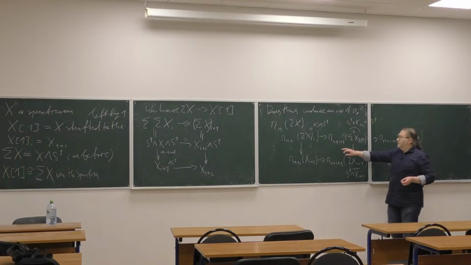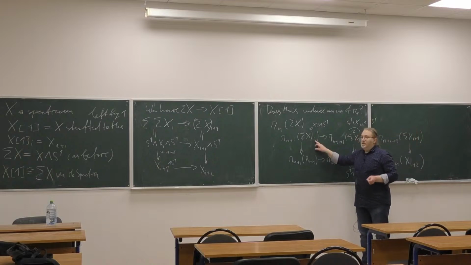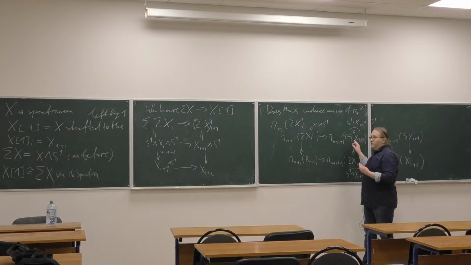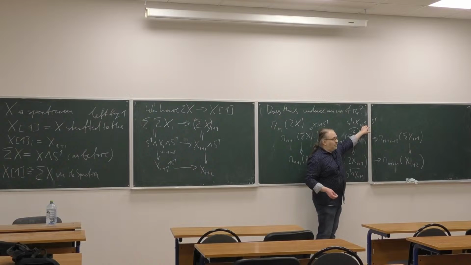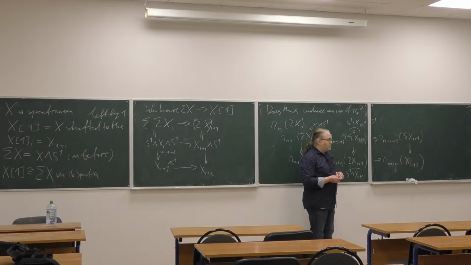We take this, and we need to suspend it. What do we get? We get the double suspension of xi, which is the same as 1 smash xi smash s1. And then we take the identity on the left s1s, smash the structure map of xi smash s1.